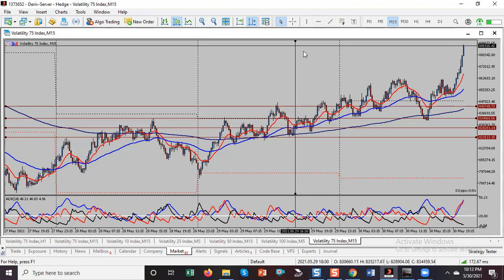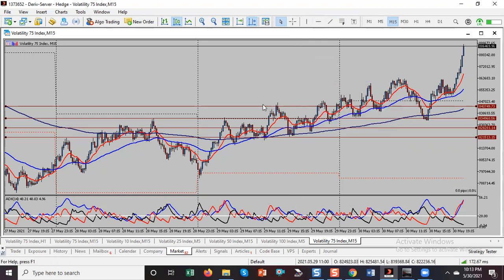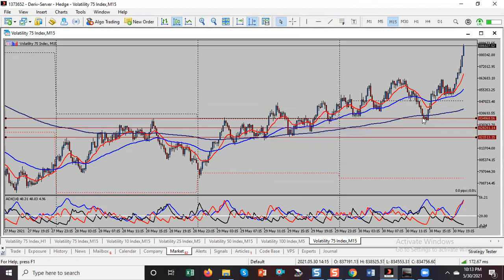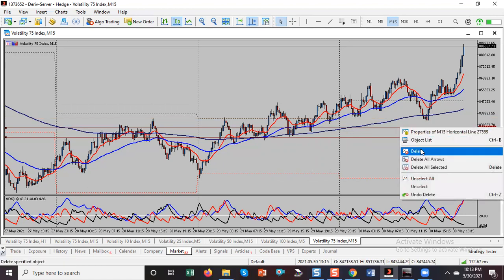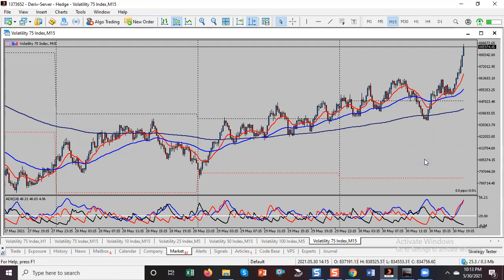So as you can see, there was no loss from all the examples that we checked. So it takes patience. If you are patient and you are disciplined to wait for the setup and the criteria to be met before you take your entries, it's going to be very profitable for you.